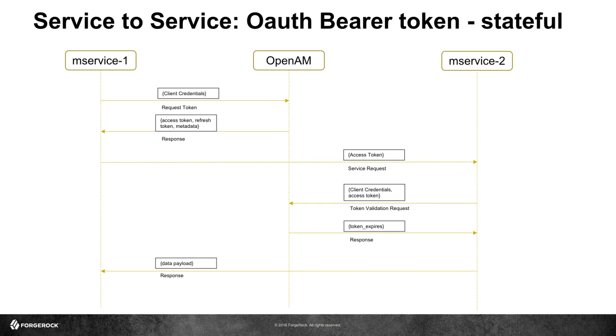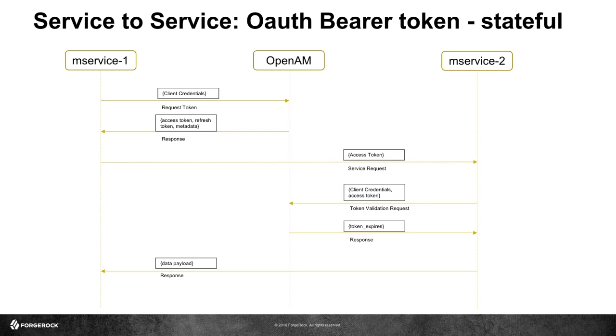You grab those credentials and you request a token from the authorization server, and again you'll get 2 tokens back as well as some of that metadata in the response, and then you send the access token along with the request. And now in a stateful architecture, the microservice receiving the token has to go validate that token with the authorization server.